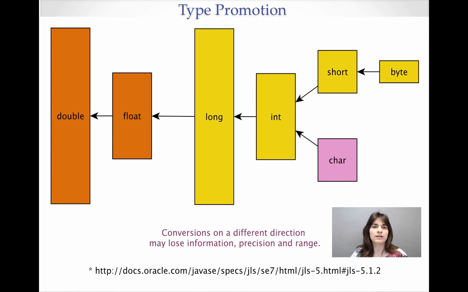There is no trouble there. 42 is a literal that is of int type, and it is being assigned to a long variable. It is perfectly fine. 42 goes from 4 bytes to a larger representation, to 8 bytes. There is no problem of losing precision or losing any data, and Java will silently do such a promotion for us. So all the conversions on the way that the arrows show are fine. Conversions in a different direction might create problems and are actually not done automatically.